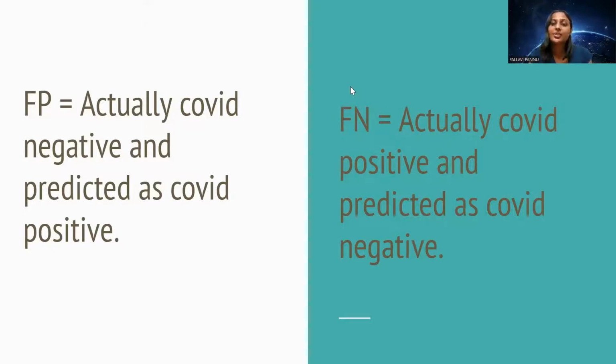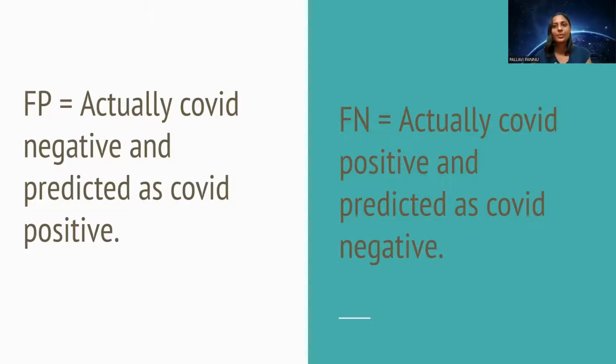This is very bad, because the person is COVID positive and it is still detecting him as COVID negative. So in a COVID kind of application, if we are building one, false negative is the metric we have to focus on, because we want to detect those persons.